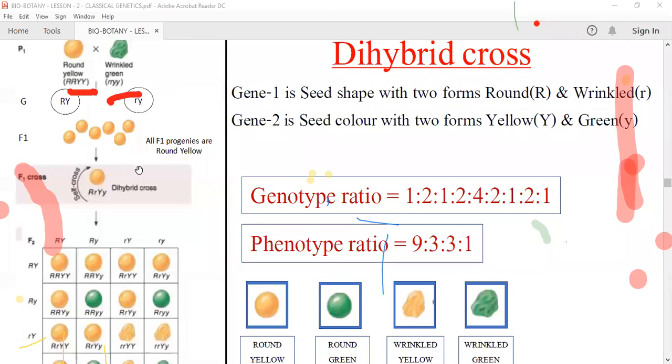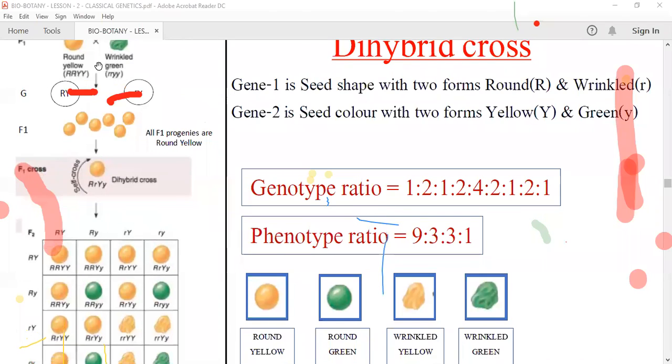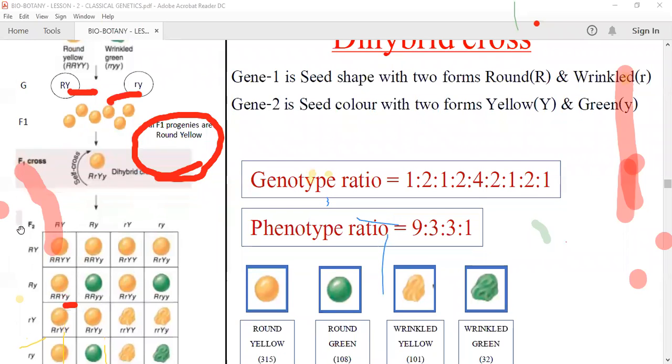In the F1, all the F1 progenies we are getting are round yellow. Again we have to self cross the capital R, capital Y, small y. This is actually the dihybrid cross. Okay, self cross F2.